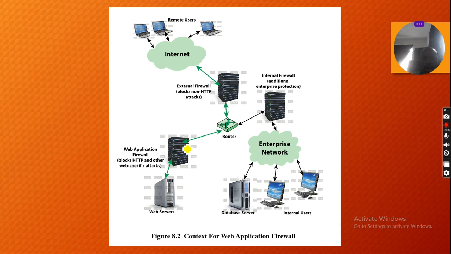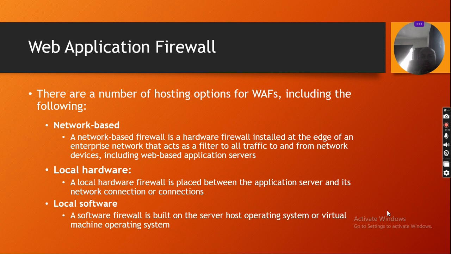This is the web application firewall itself, because it is protecting this server, the web server, and it blocks unauthorized usage. This is a router that routes everything from everywhere in the world to these different networks and this server. Is that okay? Now let's move on quickly.